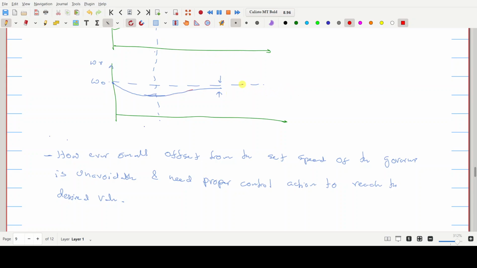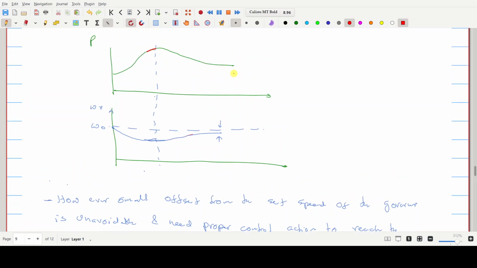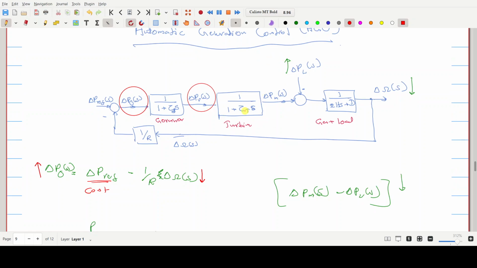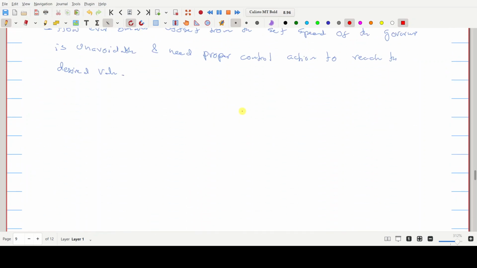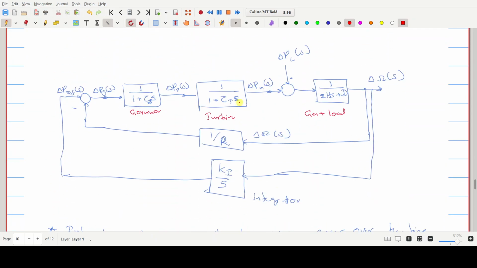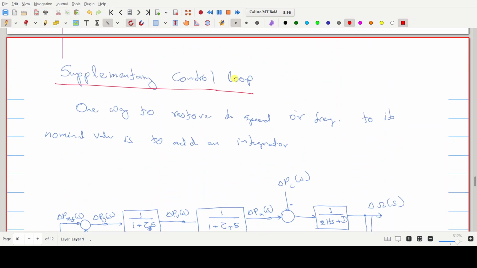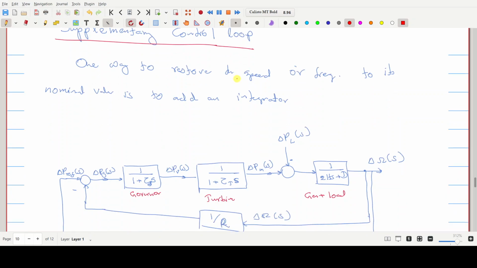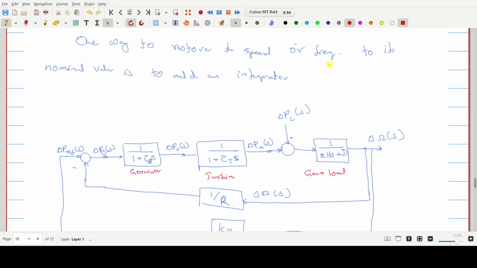So in order to correct that, you need another part added to this control. Okay, so let's see what we need. This part is called the supplementary control loop. This is one way to resolve the speed or frequency problem that we have seen earlier, so we can bring it back to its nominal value, right?